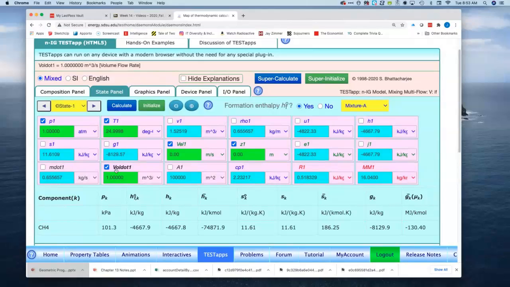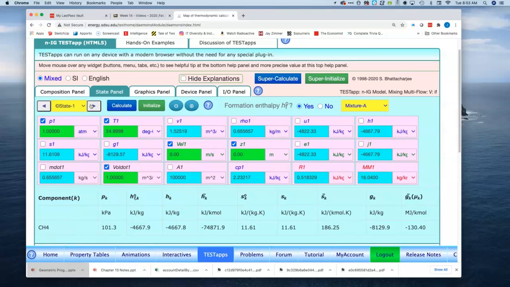Because it's a gas and because volume and moles at a given pressure are related to each other, we're bringing in 1 cubic meter per second, or this amount of mass flow rate of the methane for mixture A.